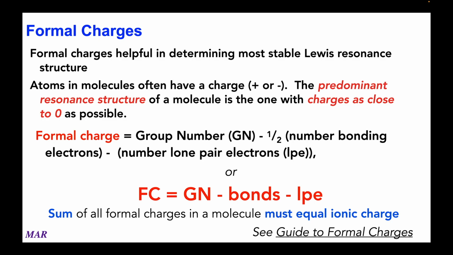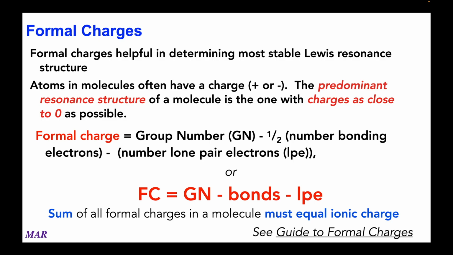The definition of formal charge is kind of strange, but what you're going to end up doing is you're going to find a formal charge, which is a type of a charge on each atom in a Lewis structure. The Lewis structure with the most zeros is going to be the winner, all right? It's going to be the best Lewis structure possible.